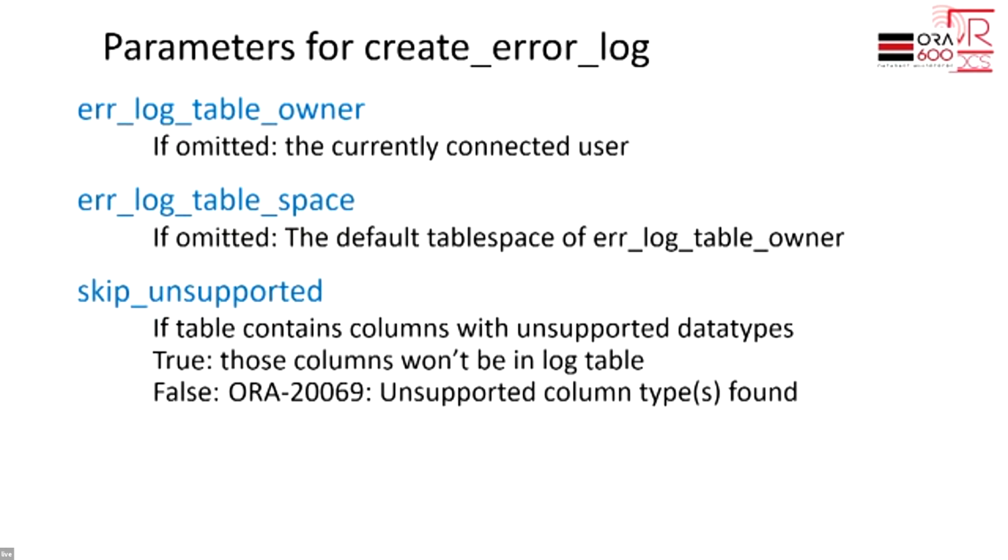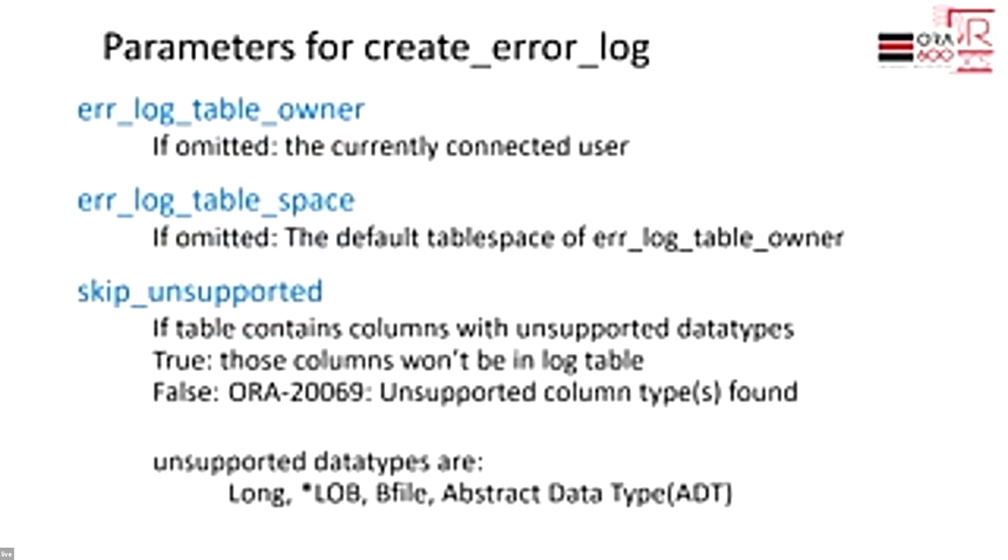By setting skip unsupported to true, it will create the log error tables, but the non-supported columns will not be in there. And these are the unsupported data types: long, lob, p-file, and records, nested tables, that kind of stuff.